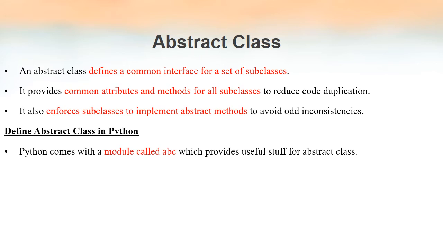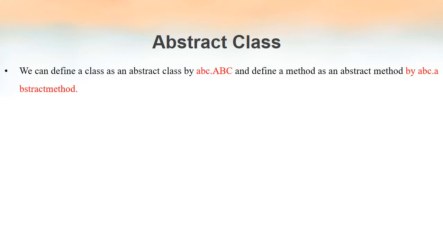There is a module named ABC in Python which helps us to create abstract classes. So we can define a class as an abstract class by using ABC, where ABC is a module name and capital ABC is the abbreviation for abstract base class. And if we want to define a method as an abstract method, we can do it by abc.abstractmethod.